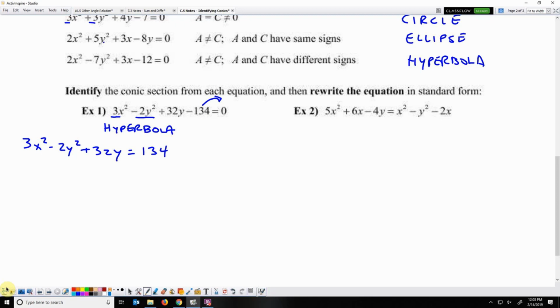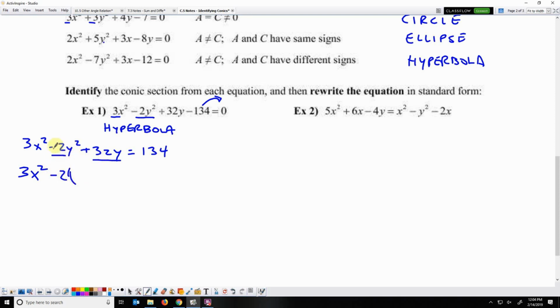Okay? Next, I'm going to arrange it so x's are near each other, y's are near each other, but that's actually already the case, so I don't have to move anything. I'm also going to see if I can factor anything out of y and y squared terms. The x squared, that's the only x term there is, so 3x squared is going to stay as it is. But out of these two terms, I'm going to factor out a negative 2.